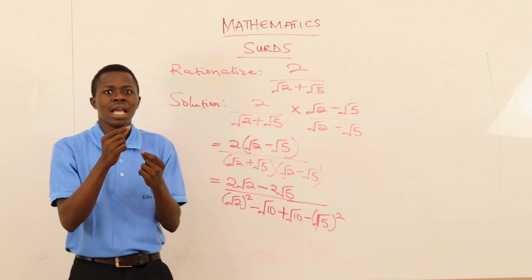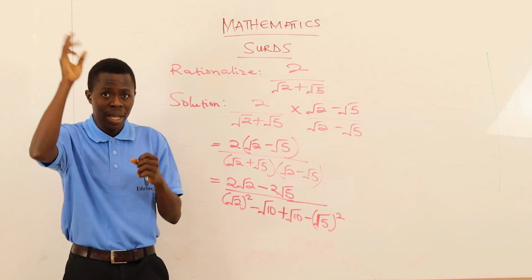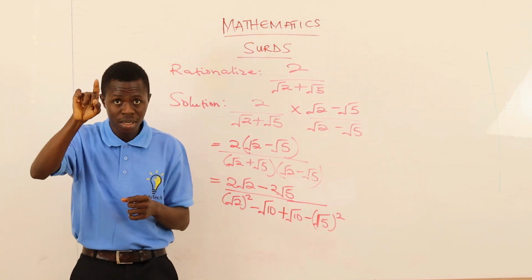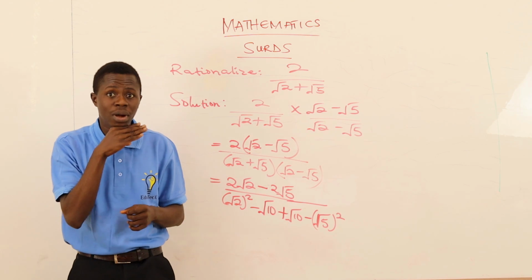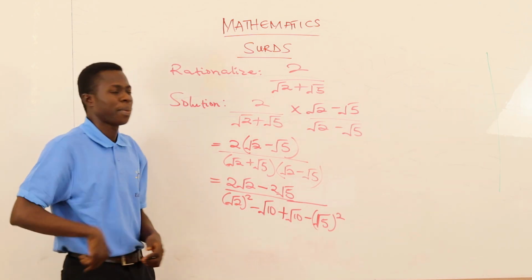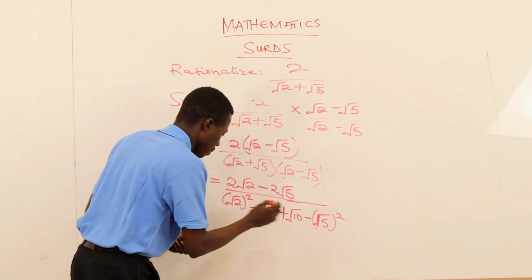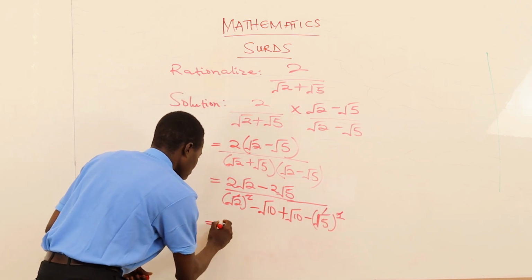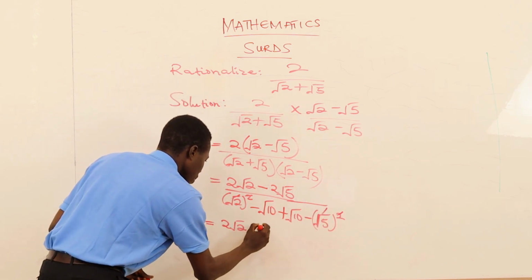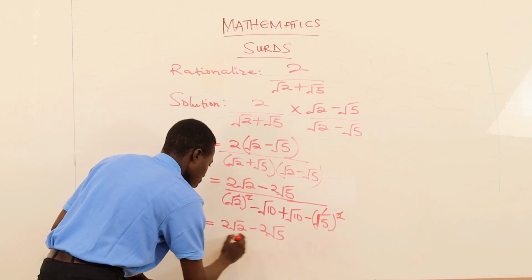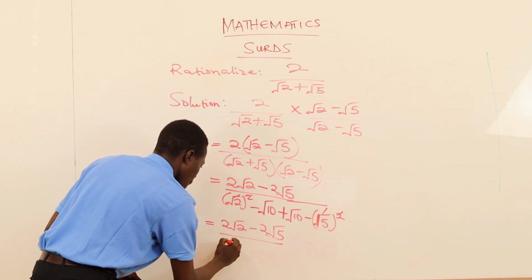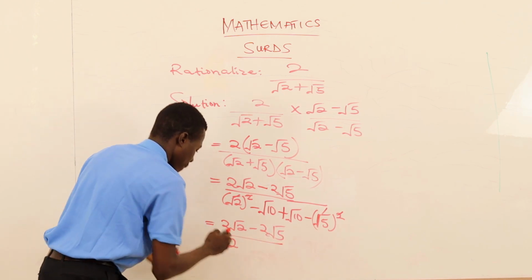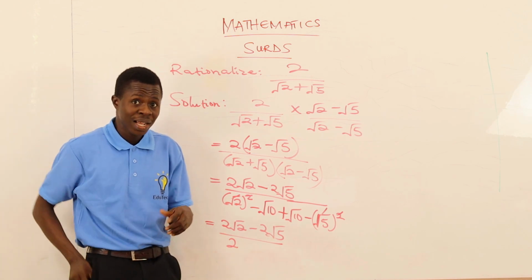And now you know that the power 2 will cancel the square root sign, right? So let's do that. The power 2 cancels the square root sign, and in effect we have 2 square root 2 minus 2 root of 5 all divided by, we are going to have this expression to be 2.